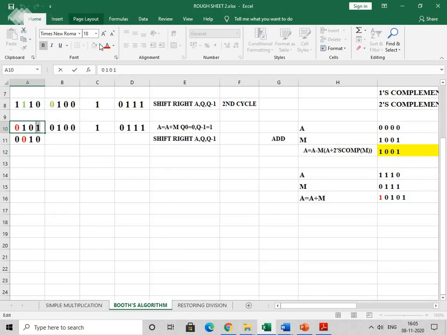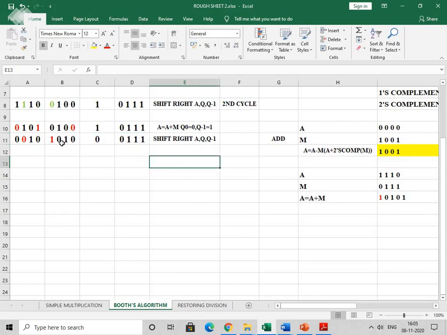Now this one will come here. Okay, now this 0 is shifted right, so Q minus 1 will become 0 and M will remain as it is.